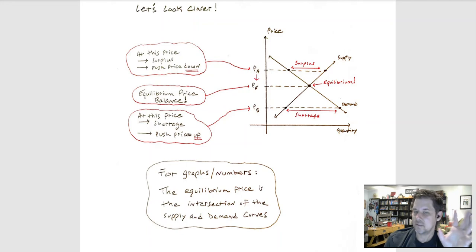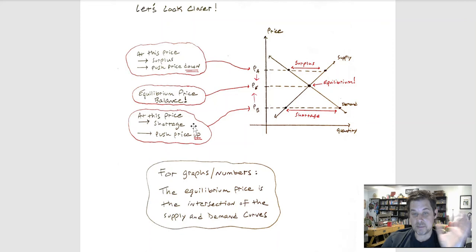But over here, this one I didn't talk about, but we can explore the graphs in the same way. At this price, demand exceeds supply, okay? And so there's a shortage. What happens on the market when there's a shortage? That will push the price up, okay? So if something's really rare and people want it, almost just by bidding, it pushes the price up, okay?